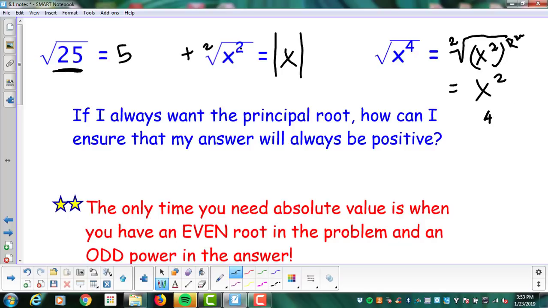So absolute value is not necessary on that one. So here's the deal. You're going to need absolute value when you have an even root and an odd power in the answer. And that's the only time you have to put absolute value in there. If you have an even root and an odd power in the answer.